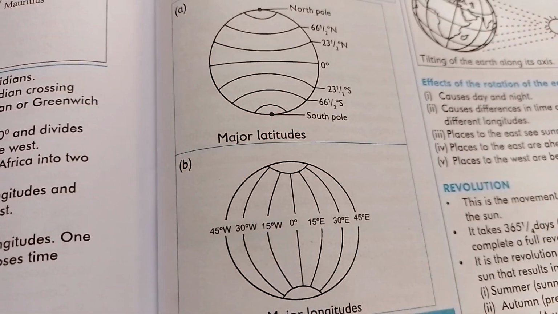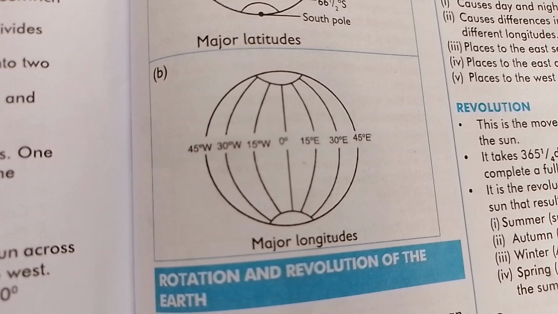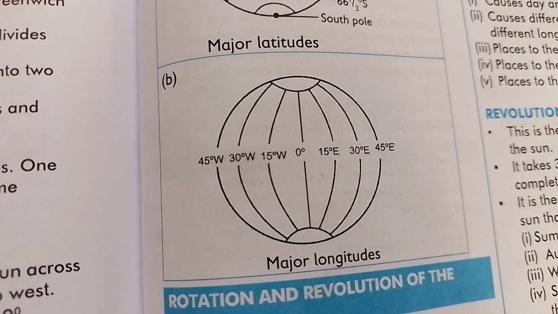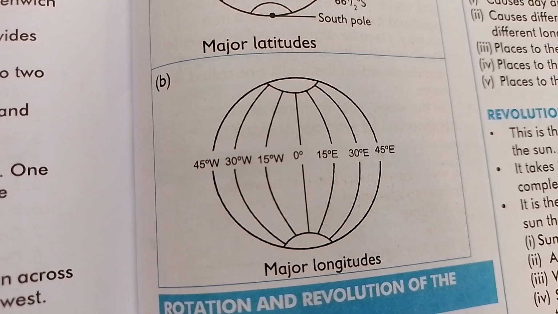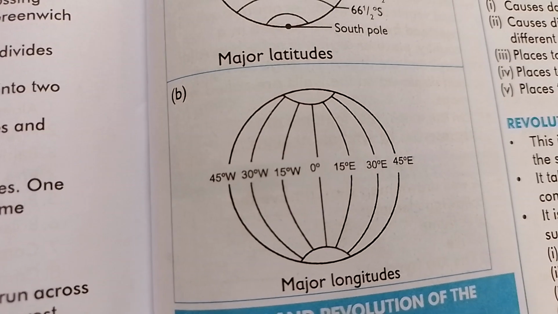So these are the major longitudes. You can see, if I zoom the globe, these are the major longitudes. You can see them very well from 0 degrees. You go to 15 degrees east, 30 degrees west, to 45. This is how it looks.